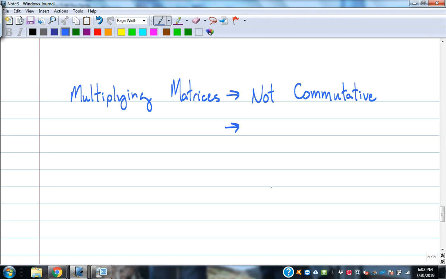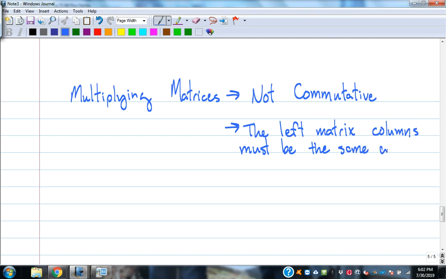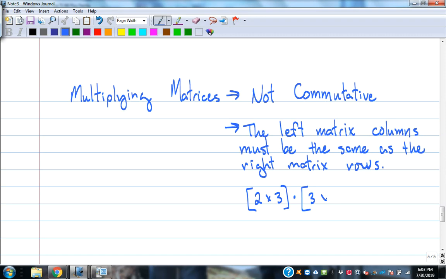The rule for multiplying matrices: the left matrix columns must be the same as the right matrix rows. What that means is if you had a 2 by 3 matrix times a 3 by 4 matrix.